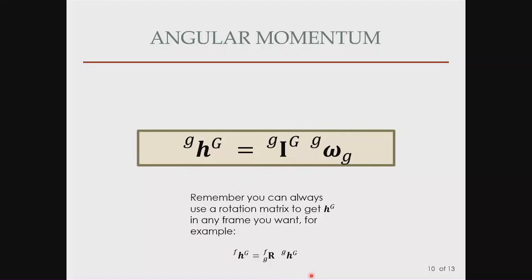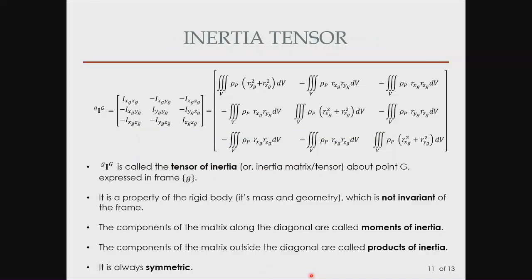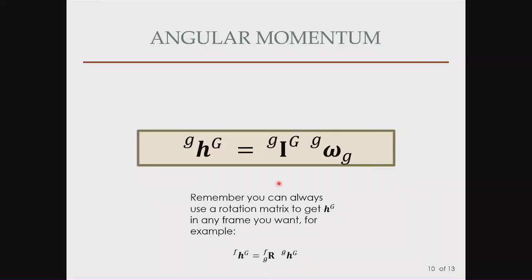This is something that many students get wrong. But in general, as long as you multiply I and omega in the same frame, if I is in some frame and omega is in the same frame, you can do the product and get H in that frame.